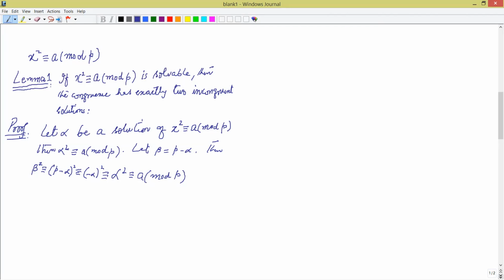So it means beta is another solution of the quadratic congruence. But we have to show that there are only two incongruent solutions. Thus beta is the second solution.